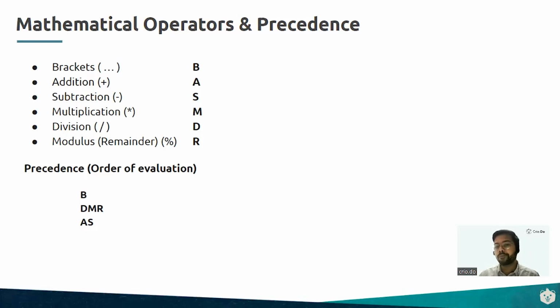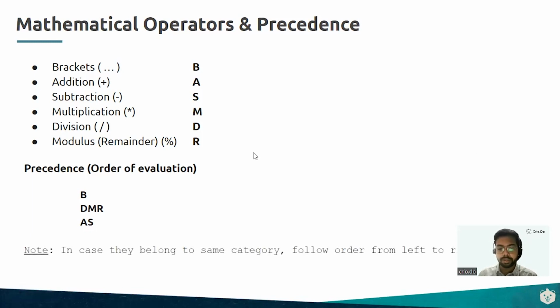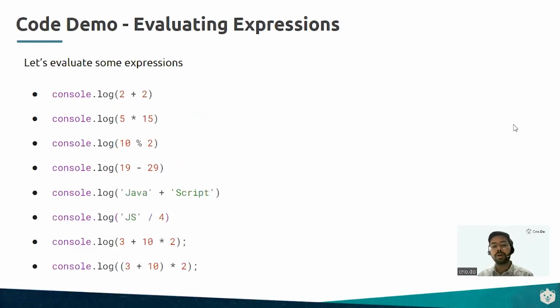So the rule that you have to remember is the precedence level is going to be followed according to the BODMAS rule, and whenever you have to decide between the same categories, you have to go from left to right. It clearly means division is having a higher priority than multiplication, multiplication is having a higher priority than remainder, and that's how it goes. So as you can see, in case they belong to the same category, follow the order from left to right. All right, so let us quickly do a demo of evaluating these expressions as well.